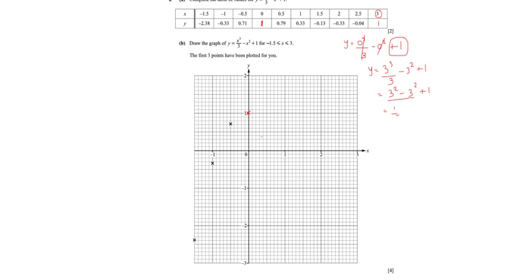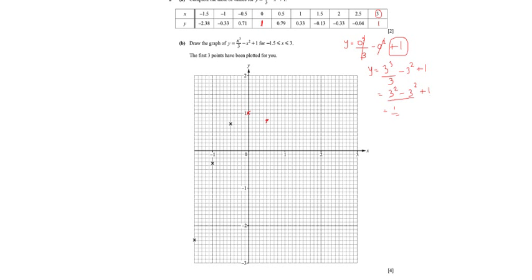Then we have x is 0.5, which is between 0 and 1, so it's somewhere here, and the y value is 0.79. How many lines are there between? Let's check: 1 2 3 4 5 6 7 8 9. So 0 to 1 is divided into 10 equal divisions, so 0.79 will be almost 0.8, somewhere here.